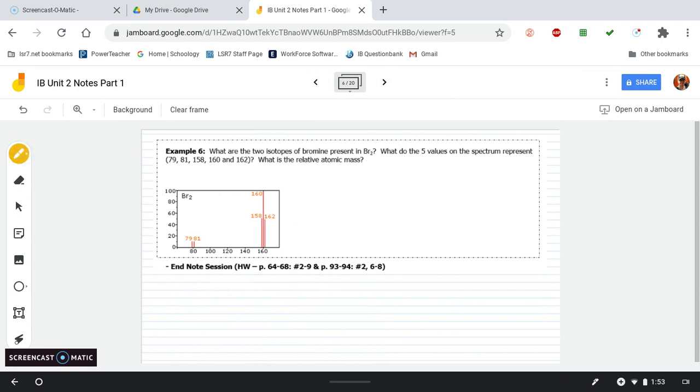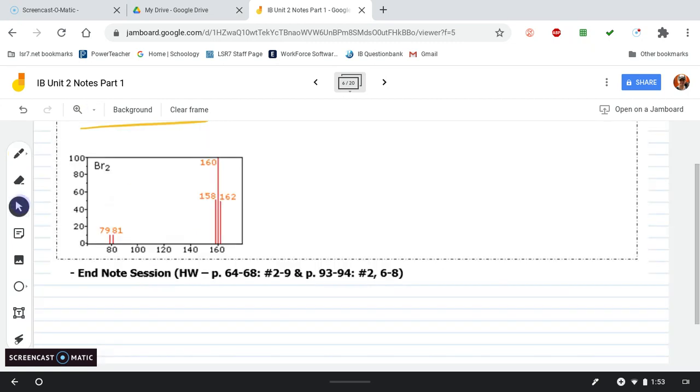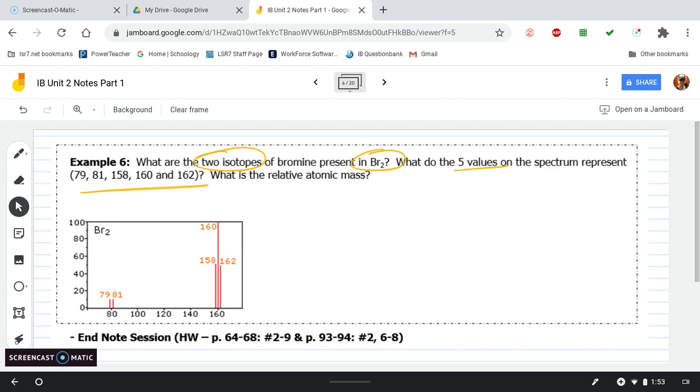All right, so what's going on here? They're asking for what are the two isotopes in bromine, and bromine is diatomic. That's a key thing there. And so it says there's 5 values in the mass spectrometer, and there they are. There's the 5 values. And so we have got to figure out what the bromine is made of.